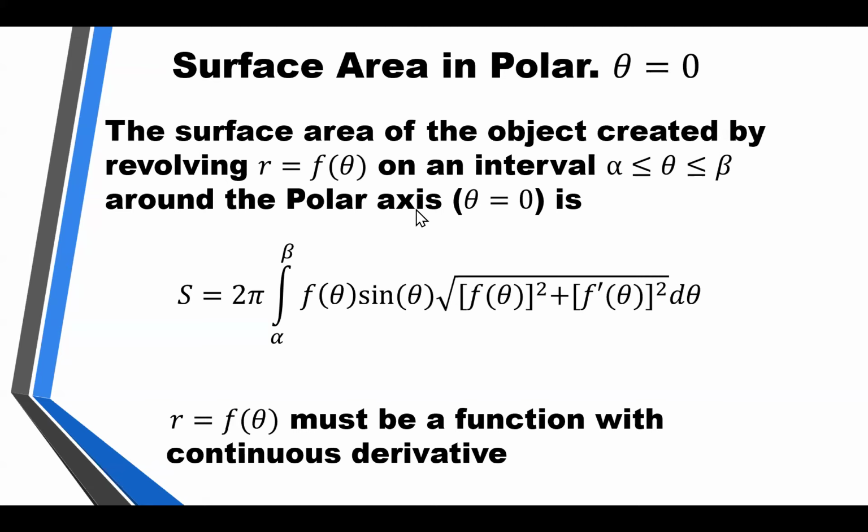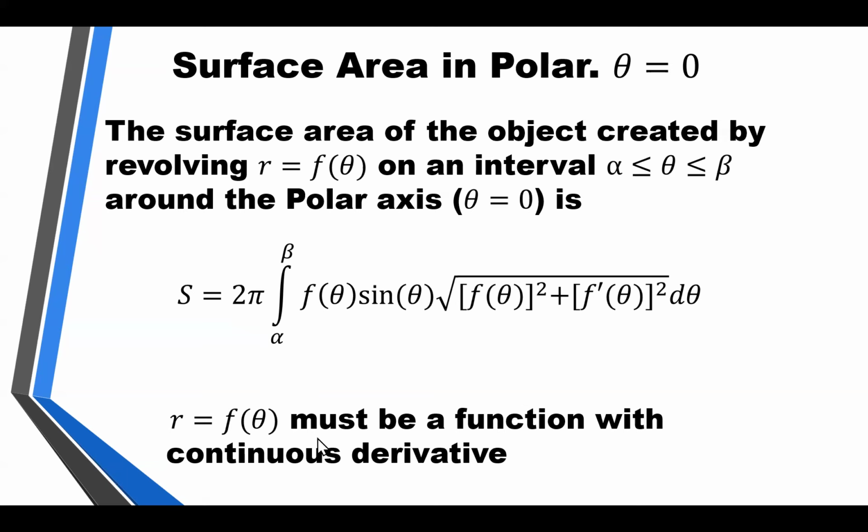If we're going around the polar axis, which is another name for the x-axis, the line theta equals 0, then the radius is a y value, and the y value we know is r times sine of theta. So we just multiply our arc length formula by 2 pi times radius, which is in this case a y value.